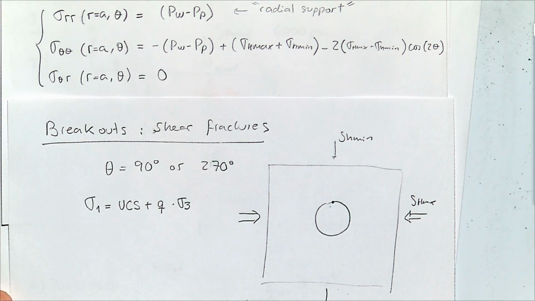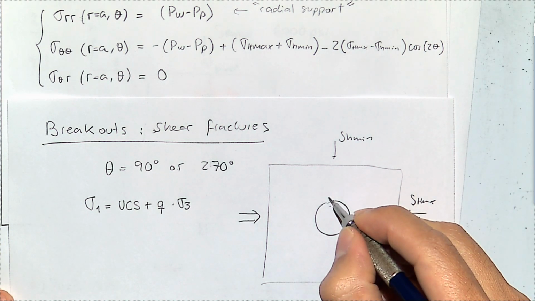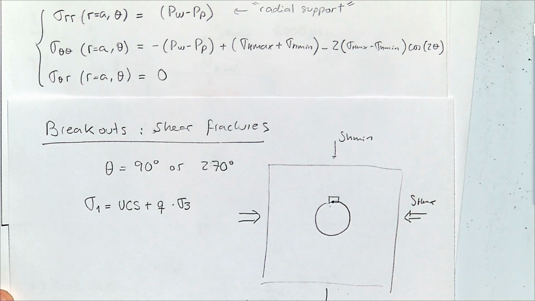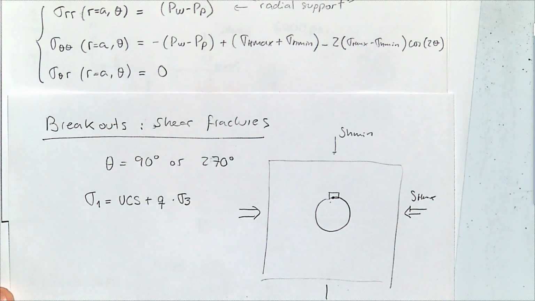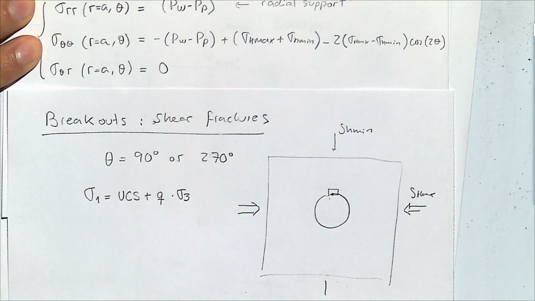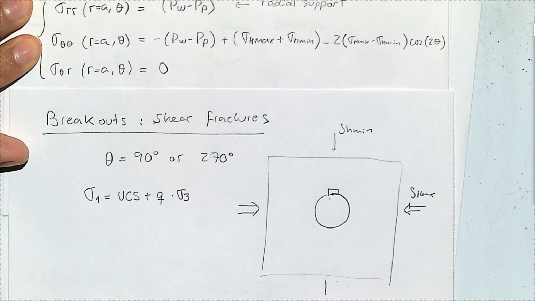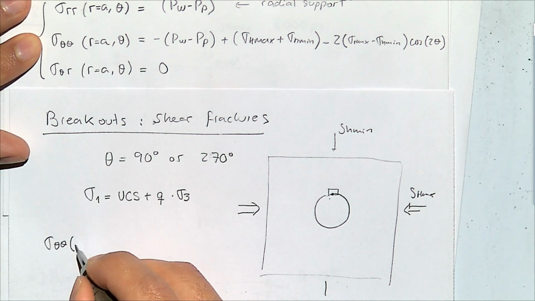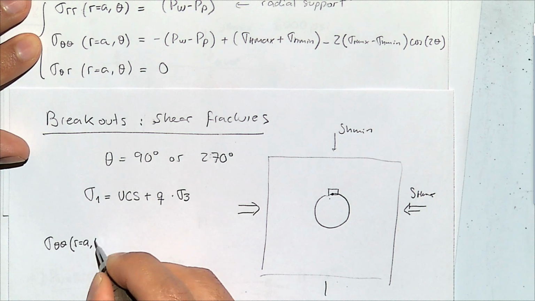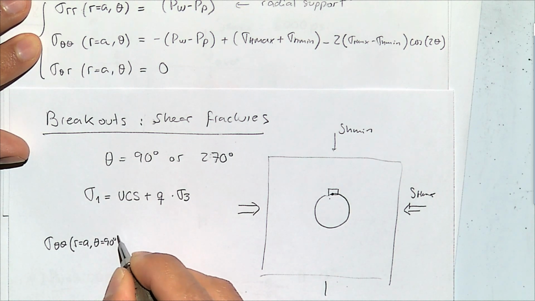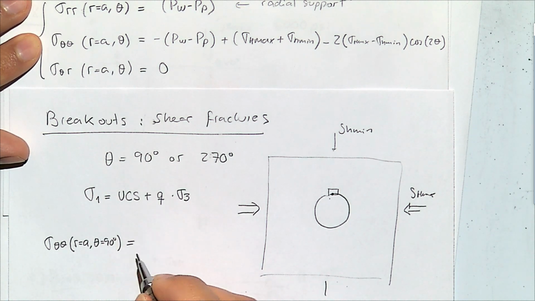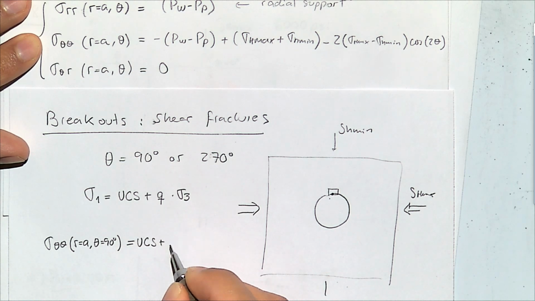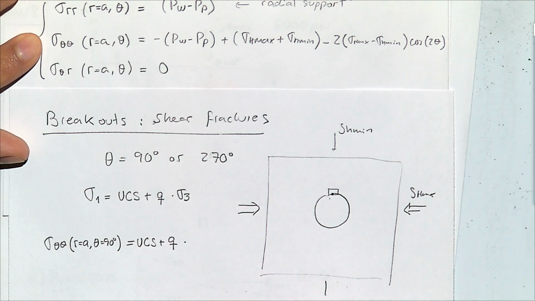All right. Tell me, for this point right over here, what is going to be sigma 1? Sigma theta theta or sigma RR? It's going to be sigma theta theta. So sigma 1 is going to be sigma theta theta at R equal to A and theta equal to 90 degrees. And this is going to be UCS plus Q times sigma 3.